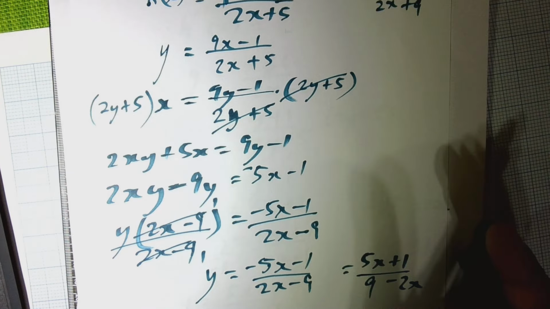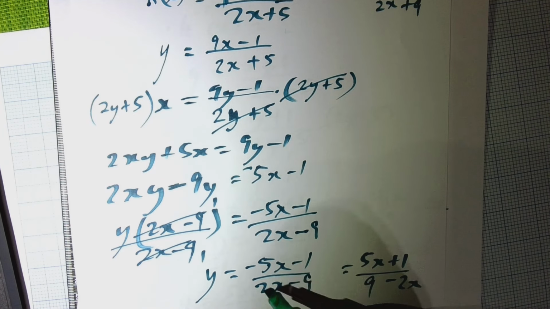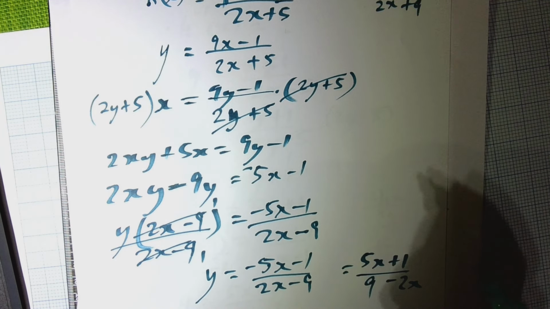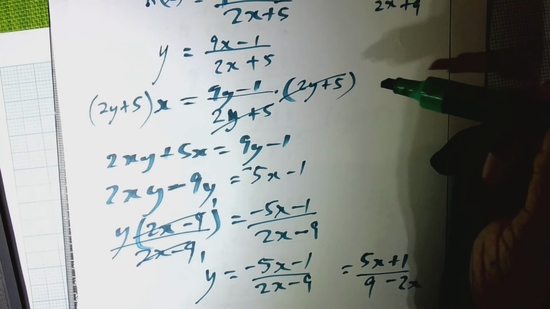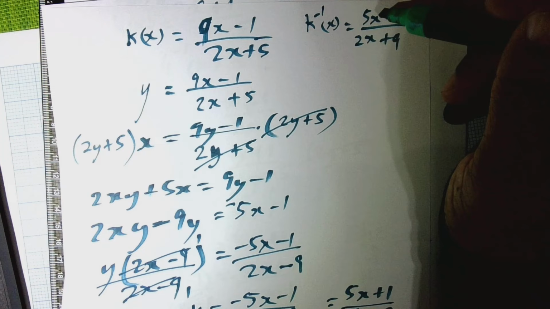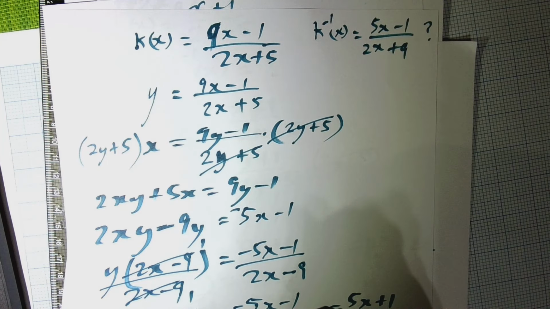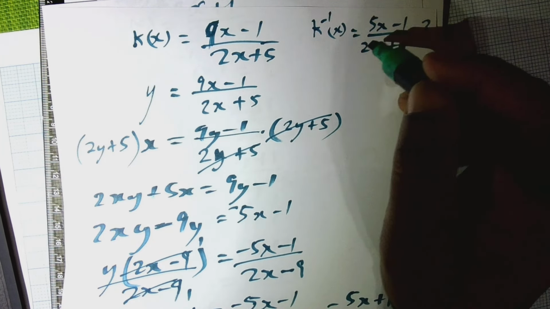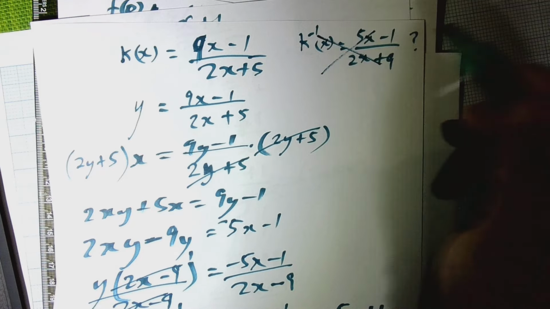Okay, so if we were to compare though, let's see if we were right. Let's go back with this though. Did anything change? Yeah, the answers look totally different. Alright, we see we have a 5x minus 1 here. We don't have that here, so we can't always work with this.